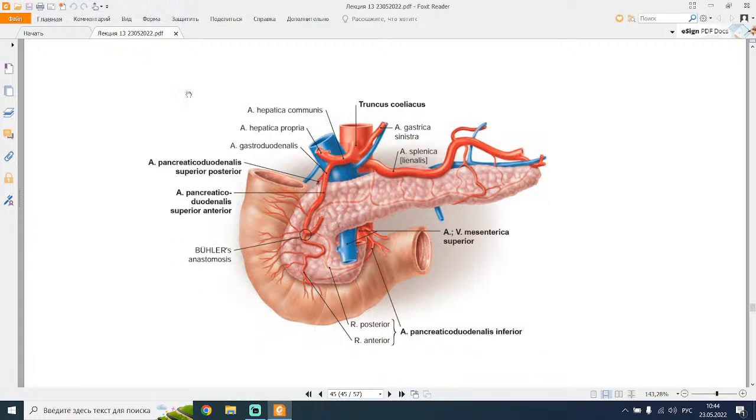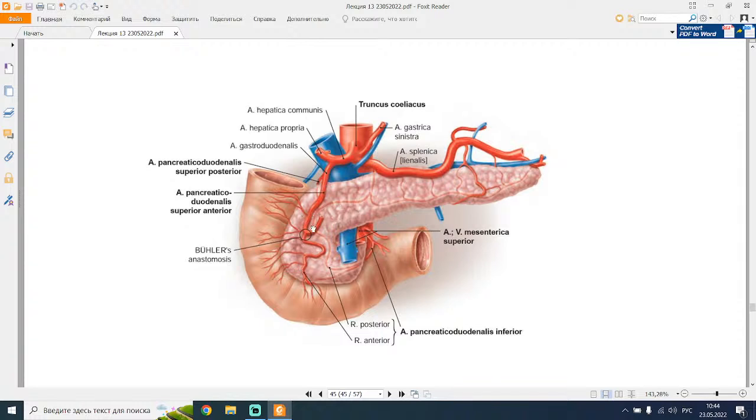Here you see truncus celiacus, arteria gastrica sinistra, arteria splenica, arteria hepatica communis, arteria hepatica propria, and arteria pancreatoduodenalis superior, gastroduodenalis, the superior anterior and superior posterior.